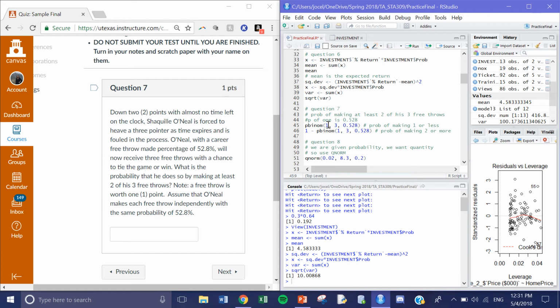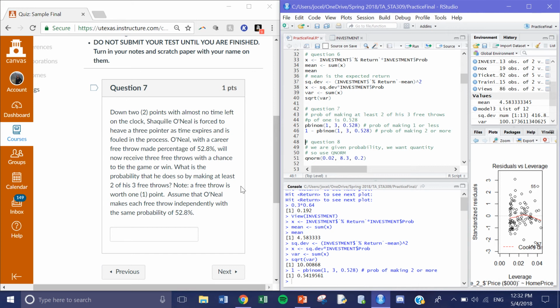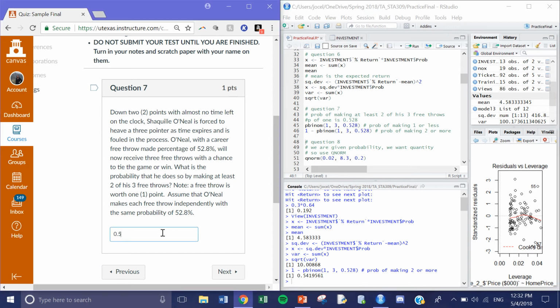So pbinom of 1, 3, 0.528 is the probability of making 1 or fewer free throws given 3 trials and a 52.8% chance of success on each one. Because this question is asking the probability of making at least 2 out of his 3 free throws, I have to do 1 minus pbinom to find the probability of making 2 or more. And we see that that probability is 0.542.